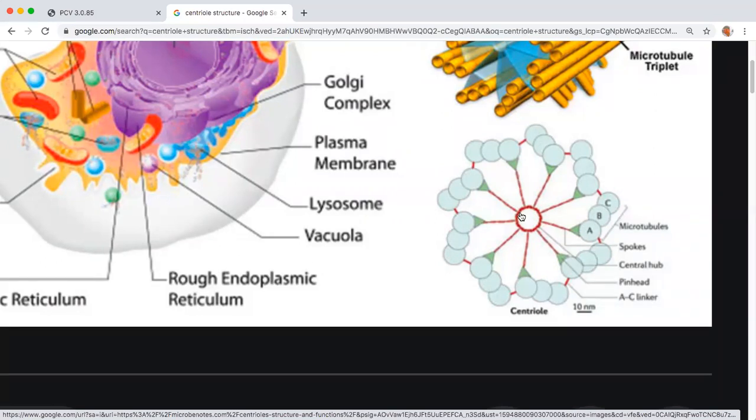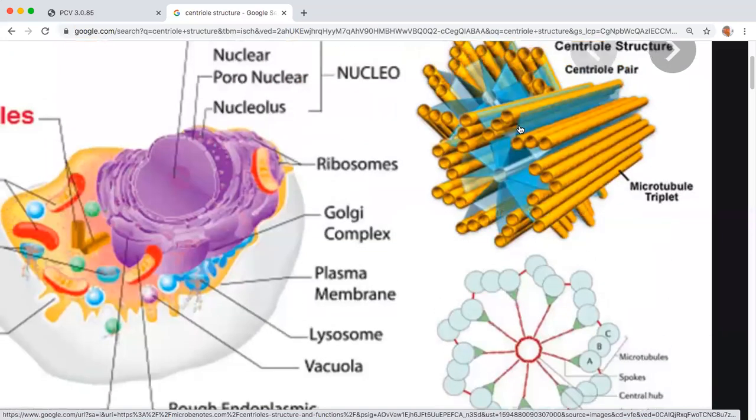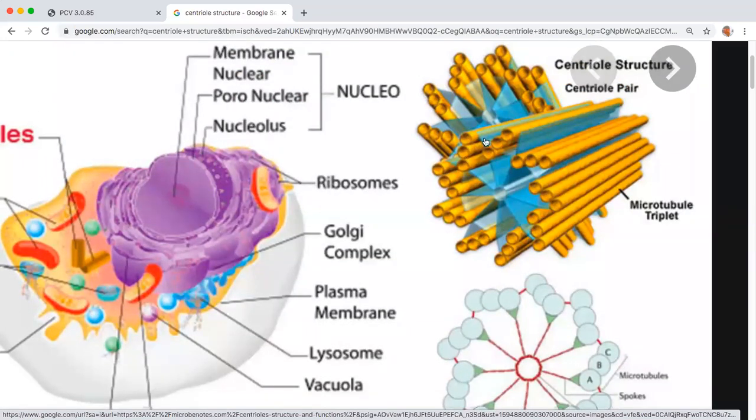You are able to see the radial spokes all connected in the center to form the core. It does not look like a cylinder. You see here, this is the cylinder, the three-dimensional structure.